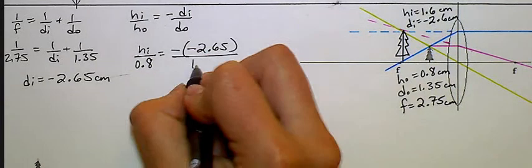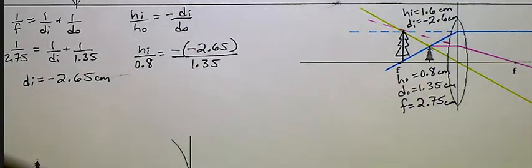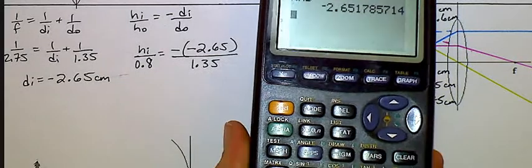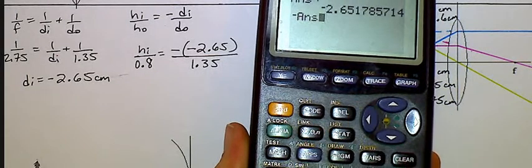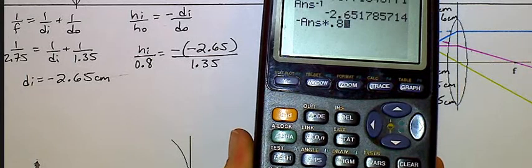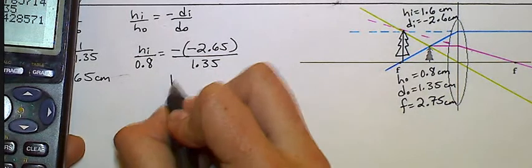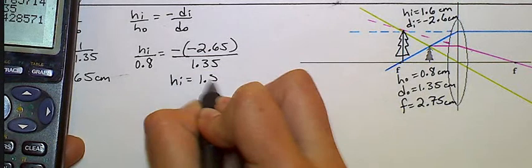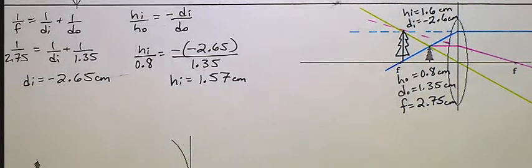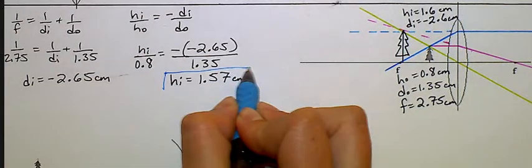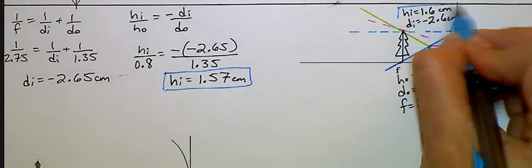So I'm going to cross multiply. I get a height of 1.57 centimeters. This all looks good. Here's the height by my math. Here's the height that I got from my diagram.